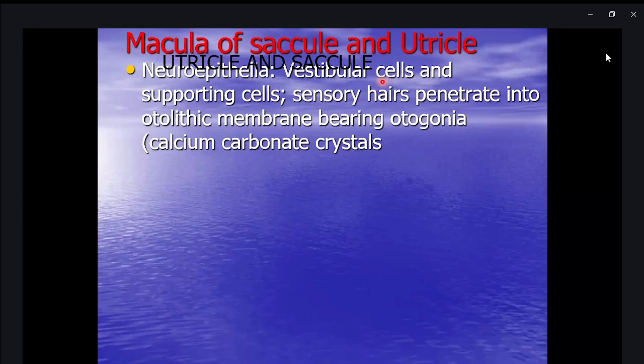Gravity is pulling on the crystals of the otoconia, and the otoconia put pressure on the otolithic membrane. That causes displacement of the kinocilia, and subsequently potassium channels open, then calcium channels open, and an action potential is generated.